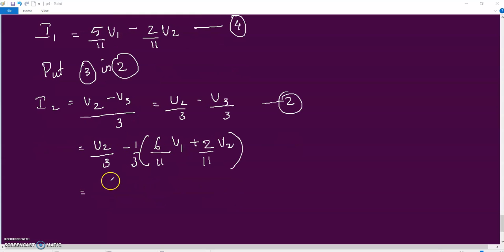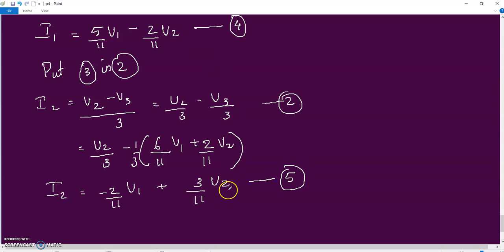On solving this, you will get minus 2 by 11 V1 plus 3 by 11 V2. So this is the second equation. Let it be equation number 5.